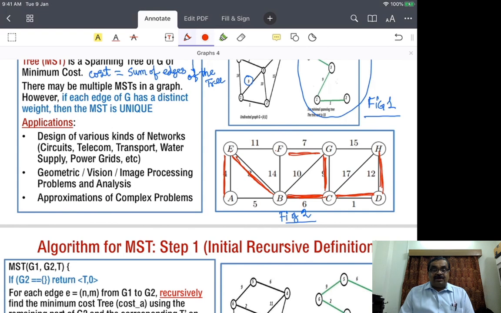And if it's a telecom or a broadcast network, we want to find the minimum number of connections so that everybody can send messages to everybody else. And assume that the edge weight is the cost of forming these connections. Therefore, the minimum cost spanning tree provides the minimum cost mechanism to lay out a network connection between these 8 nodes so that everybody can communicate with everybody else.